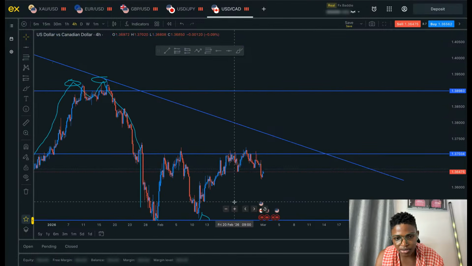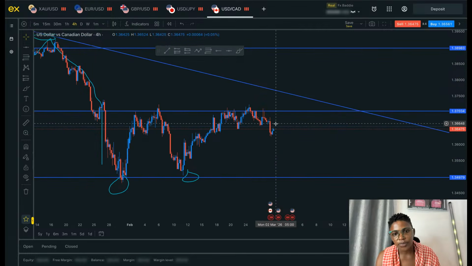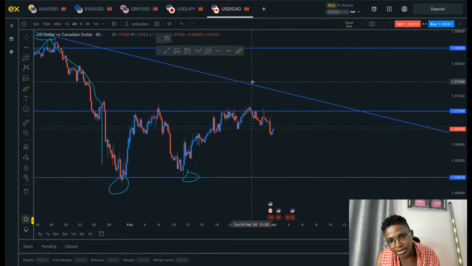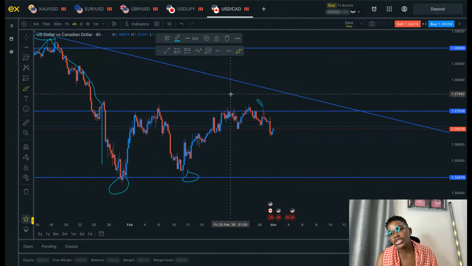I want to zoom in so you see the type of candles being formed there too. You see this rejection candle. Let me highlight it. This red candle, that's a rejection candle, rejecting downwards. Sellers are pushing the market downward.